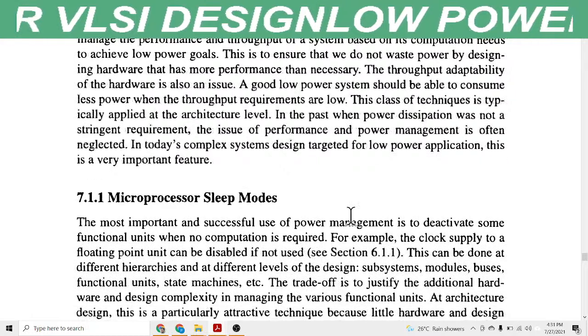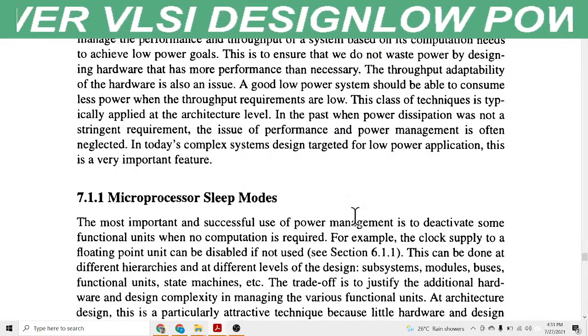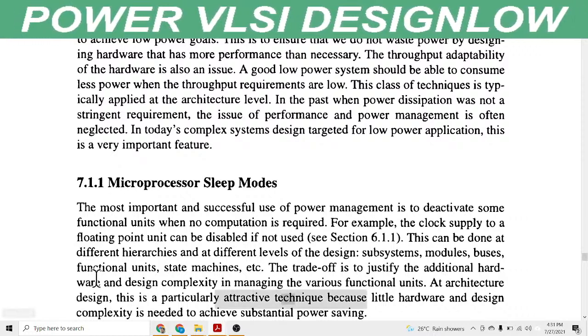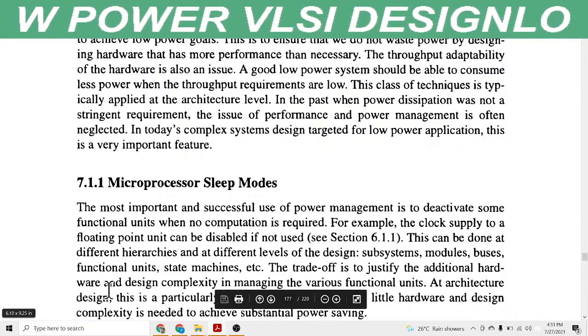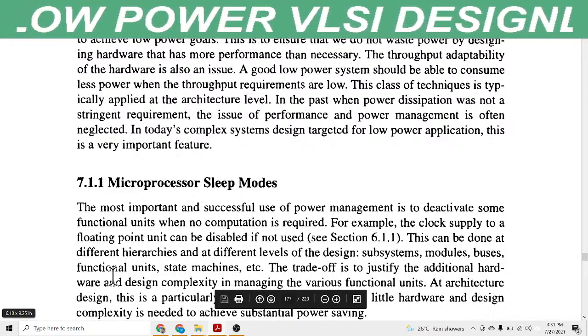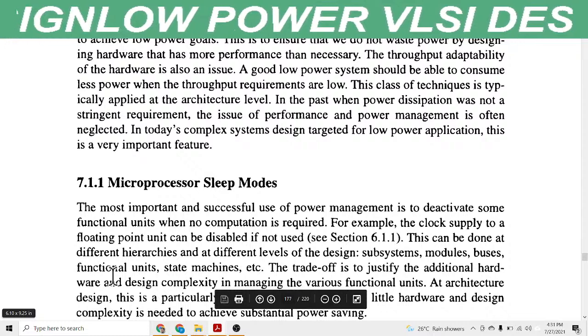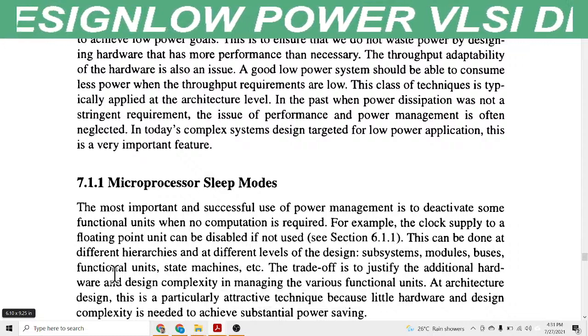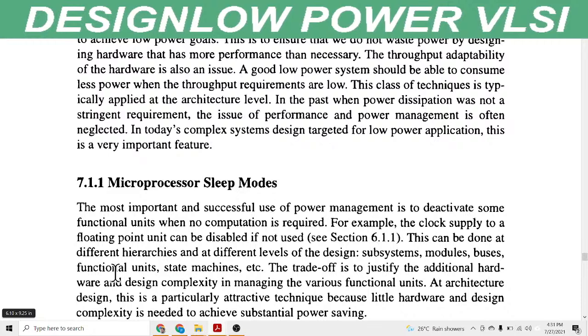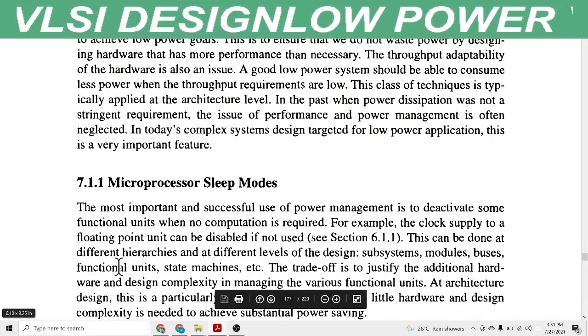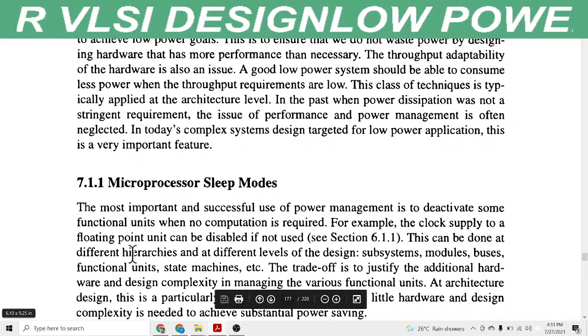Out of them, some are: suppose we are using a microprocessor. In a microprocessor various modes are given. These modes are responsible for power management. The main use of power management is to deactivate some units when no computation is required.